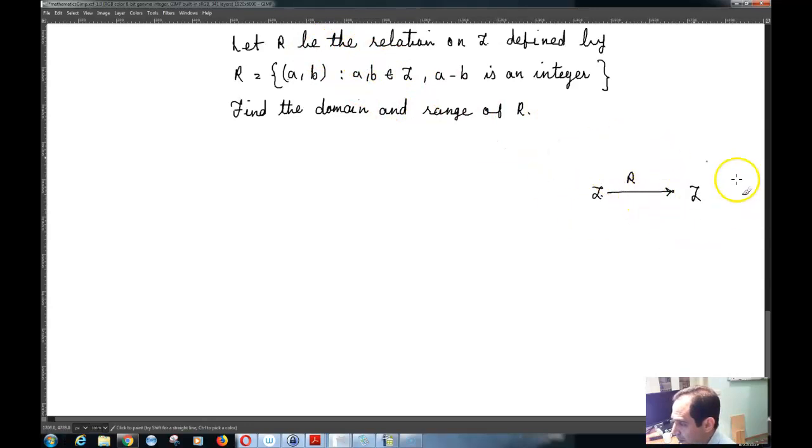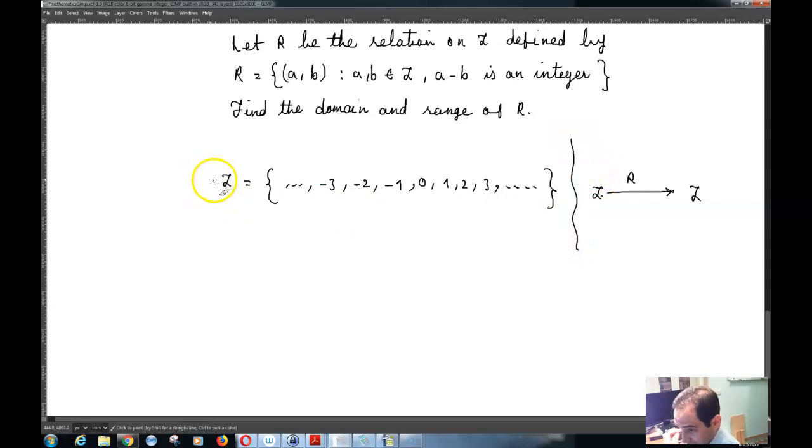That is basically R. And of course you know that Z is basically 0, 1, 2, 3, and so on and so forth, all the way to infinity, -1, -2, -3, all the way up to -infinity. That is that.